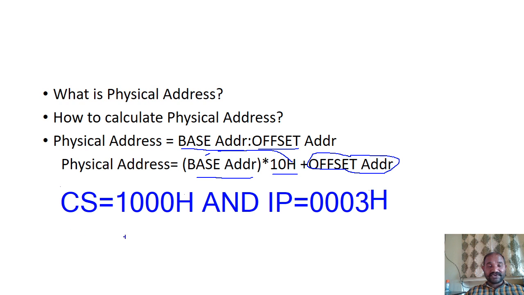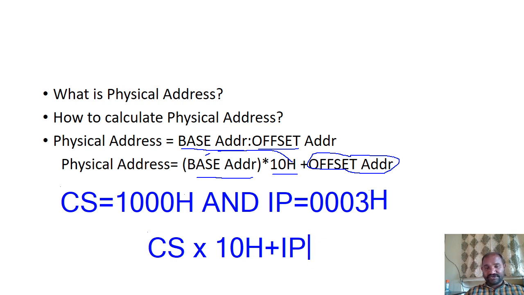The 20-bit address is calculated by multiplying CS with 10H, plus the IP register value. That is, CS into 10H plus IP.